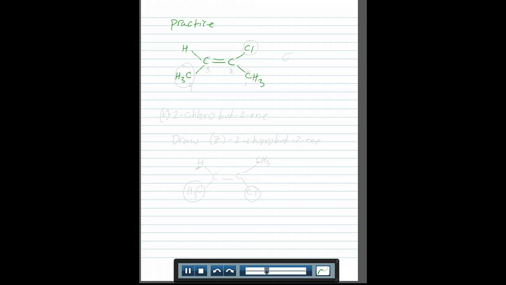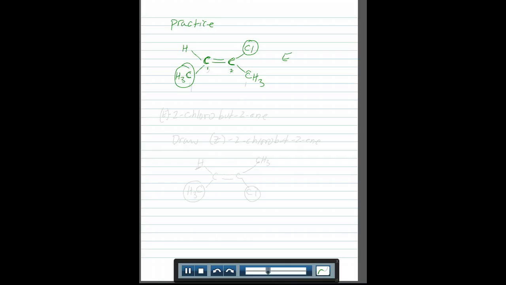Okay, so looking at this carbon, carbon 1, carbon has priority over hydrogen. Then you look on the other carbon, carbon 2, chlorine gets priority over carbon. So these are on opposite sides, so the E is the appropriate one.